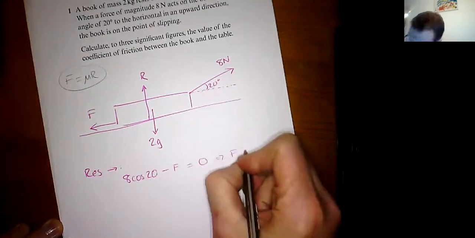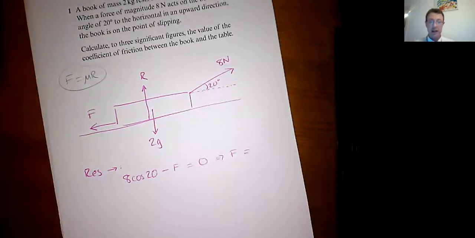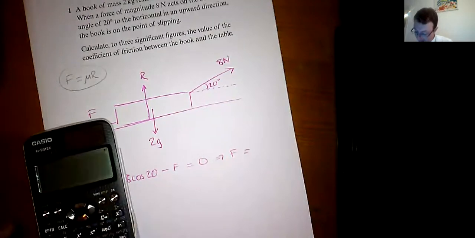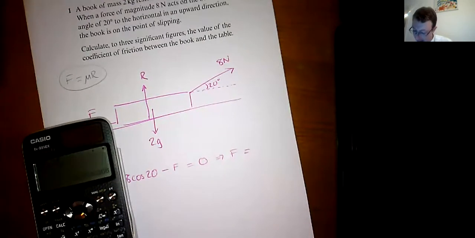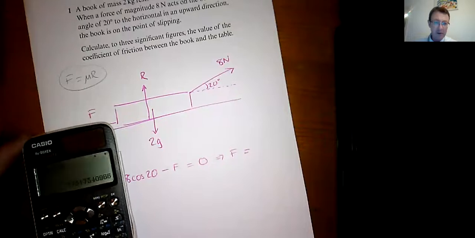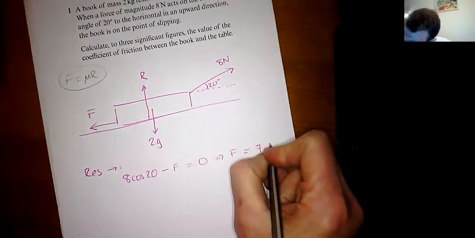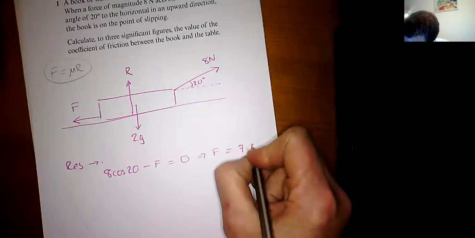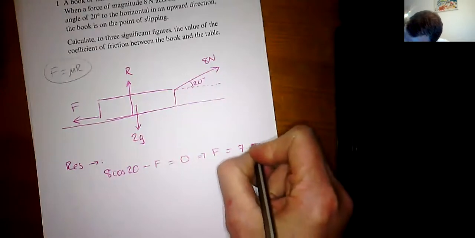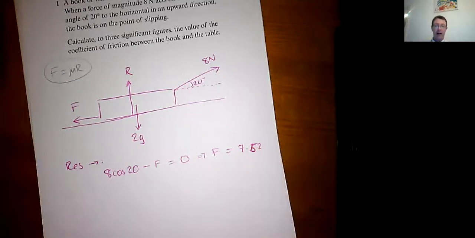F equals 8 cos 20, that's 7.52. So F equals 7.52 N.